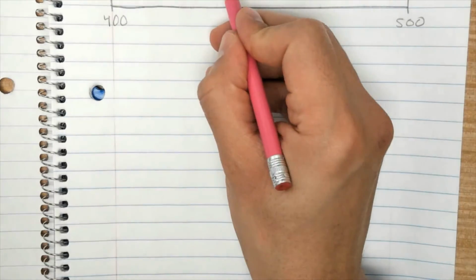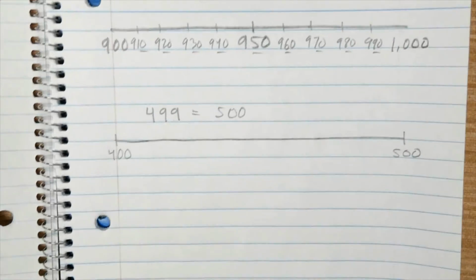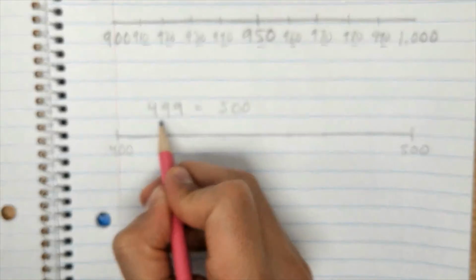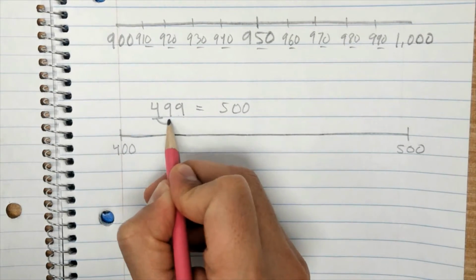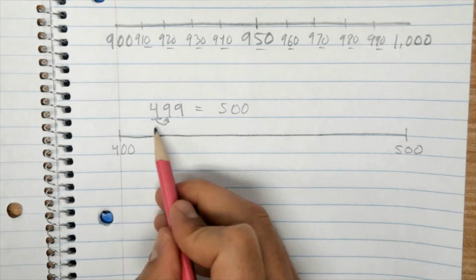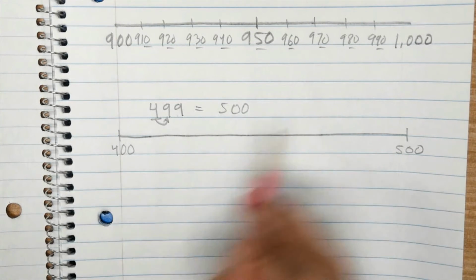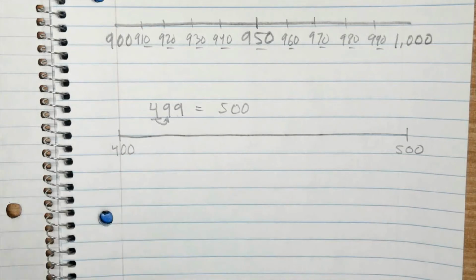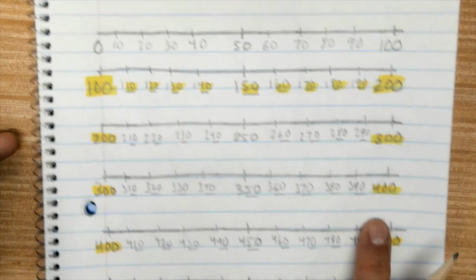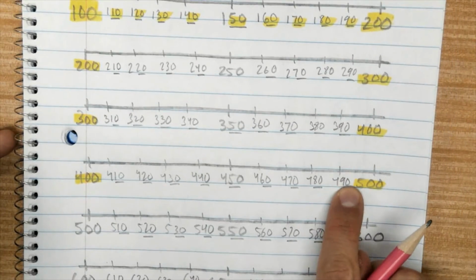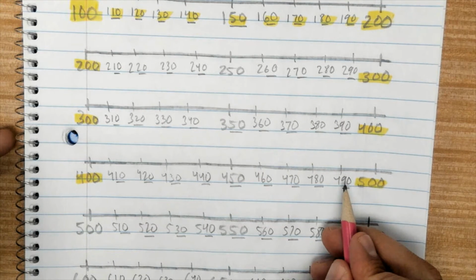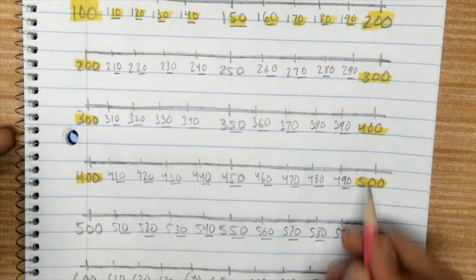So if I round off 499 to the nearest 100, it's really 500, and that's what you're doing today. 499, I look at the number next door, a 9, and it's closer to 500 because it's 499 or 490, around right there. Where's 499? Well, closer to 500.